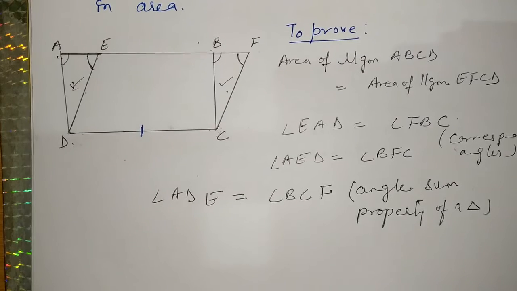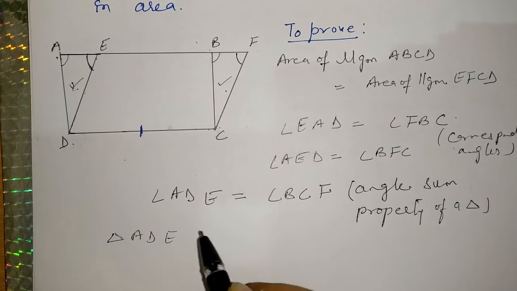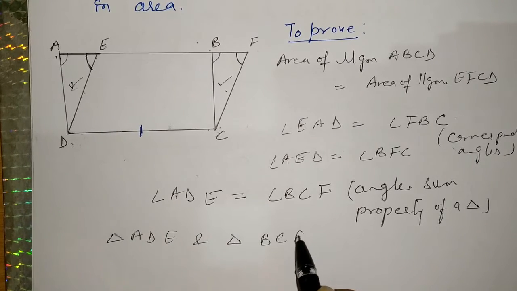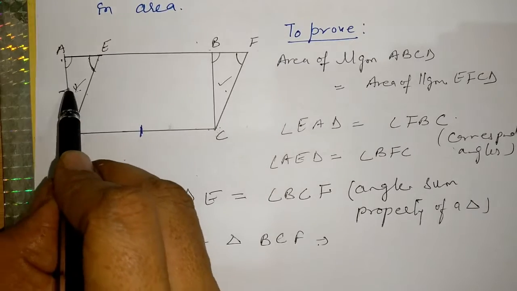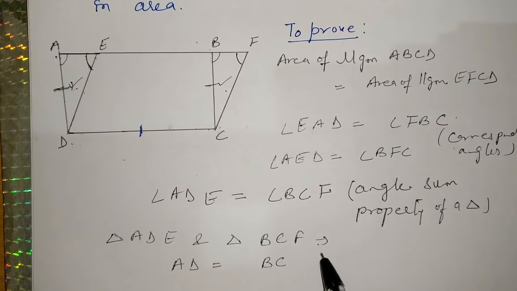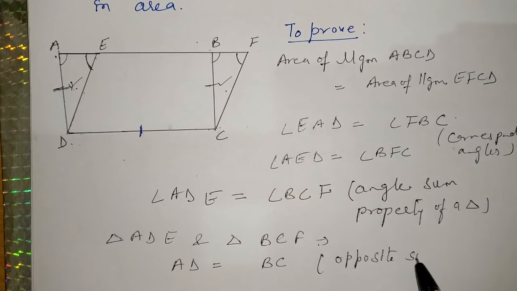Now if I compare the triangle ADE and triangle BCF. AD is equal to BC, since they are the opposite sides of a parallelogram.